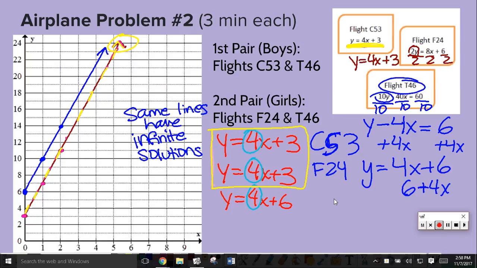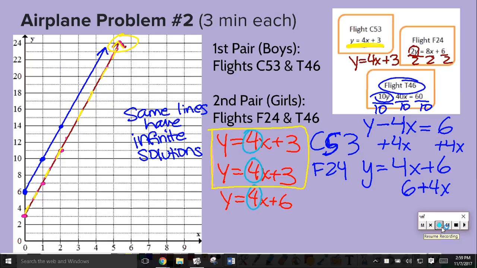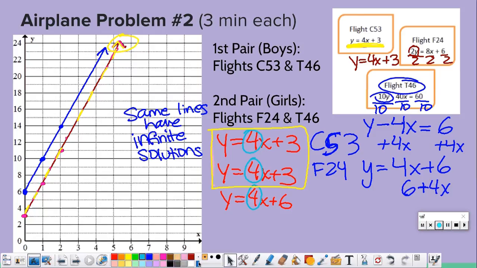Let's check. When we solve algebraically, we find out that these two equations in the orange are actually the blue line and the yellow line. And when we solve algebraically, we end up with 0 is not equal to 3.